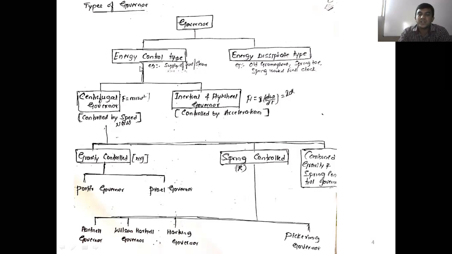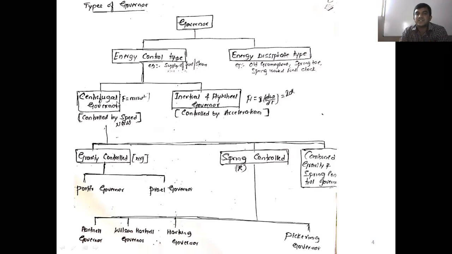Now, how do you control the energy? In the Watt governor, whenever the governor balls rotate radially outward when the speed increases, and come back to the original position when the speed decreases, due to what force is this acting?